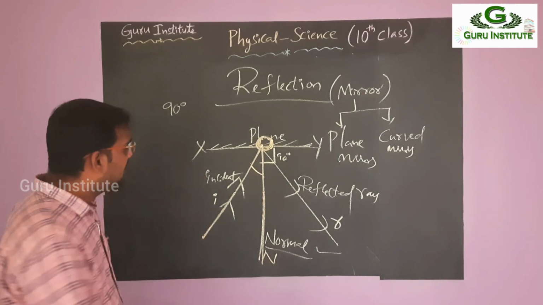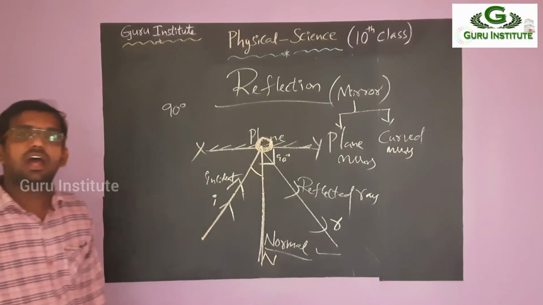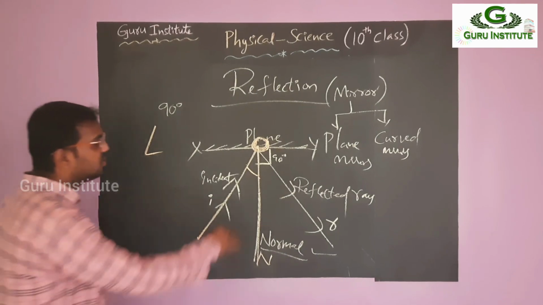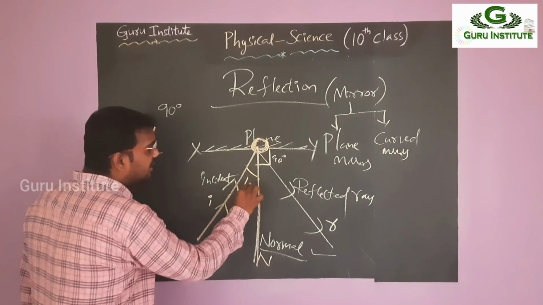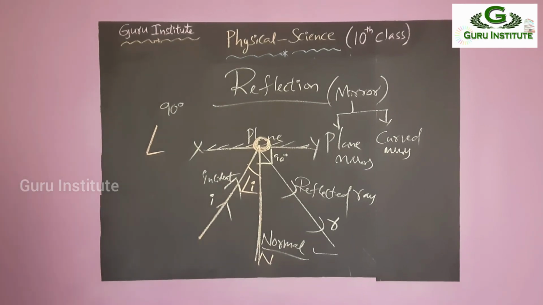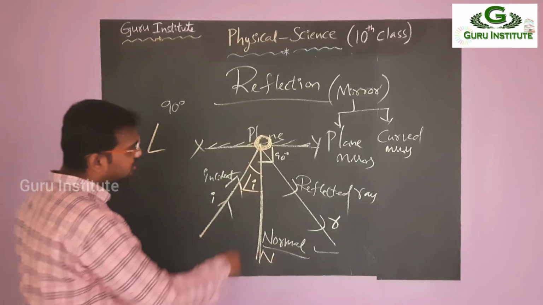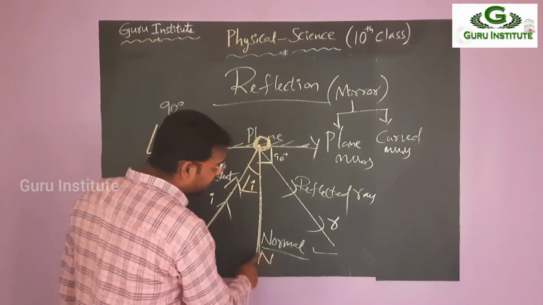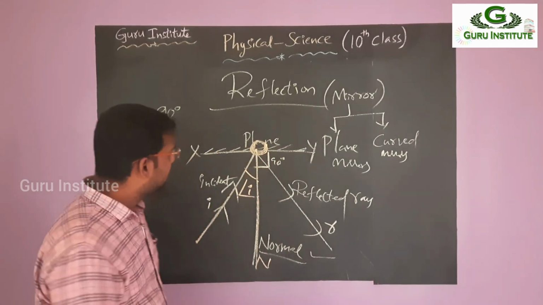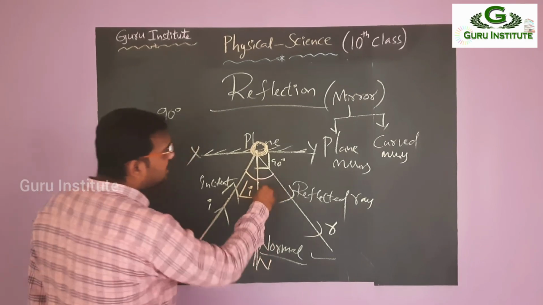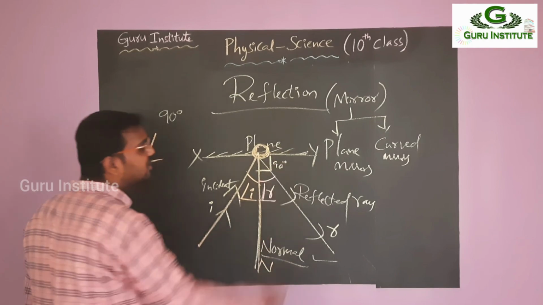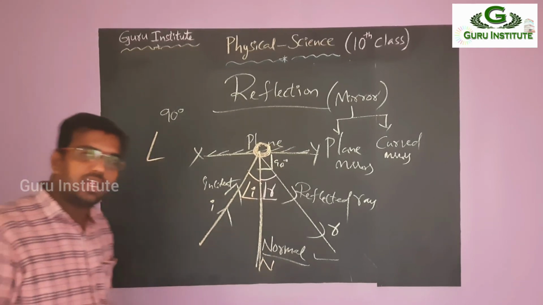The incident ray is indicated by I, and angles are always indicated by this shape, so angle I. This is the incident angle. Now, if you measure the angle between N and R, that means the normal and the reflected ray, this is also another angle. This is called the angle of reflection, or reflected angle.